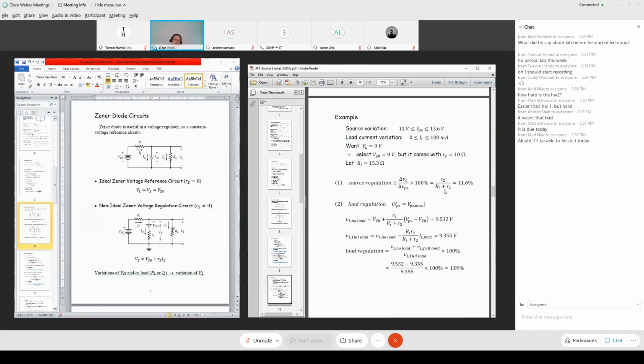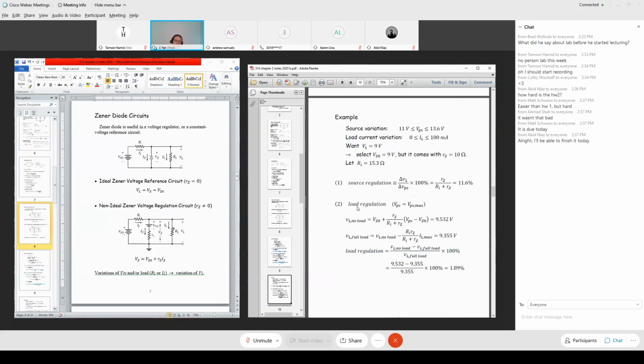You calculate this ratio, and it turns out to be 11.6%. So that's reasonably good. Basically, even if you have some voltage change in the input voltage, the load voltage change is only 11.6% of your input voltage change. So it's reduced by approximately a factor of 9.